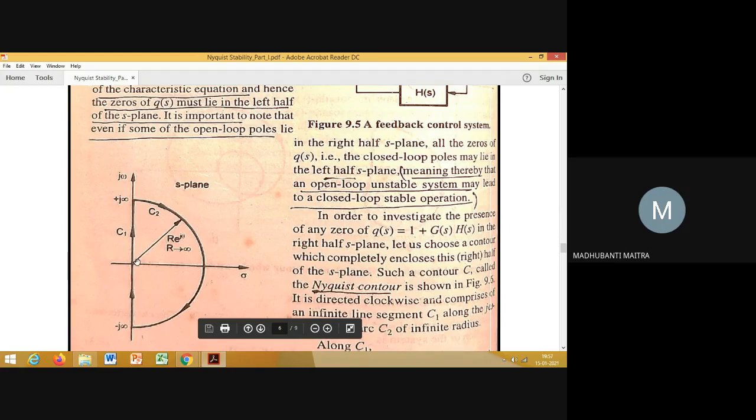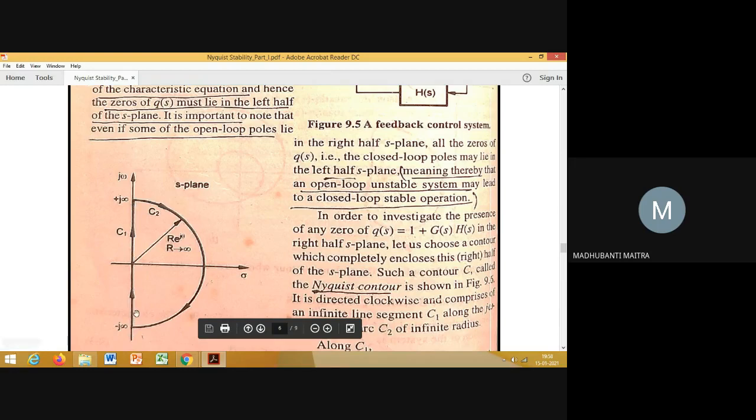We are trying to find out whether any root of the characteristic equation is in the right half of the S-plane or not. To find that out, remember the equation N = Z - P. So we are choosing a closed contour on the S-plane, which will completely enclose the entire right half of the S-plane.